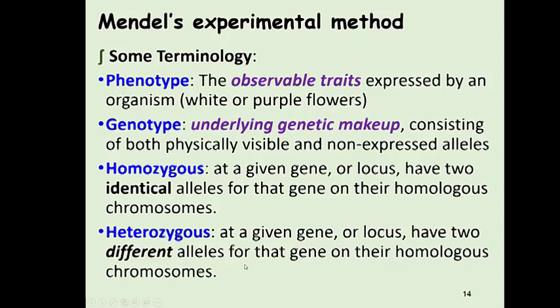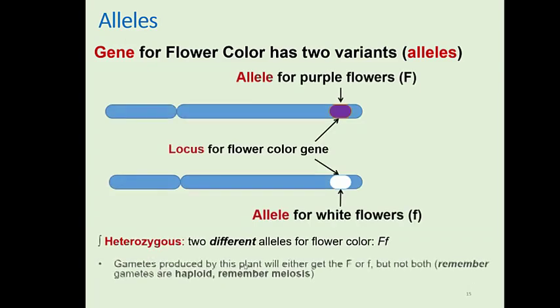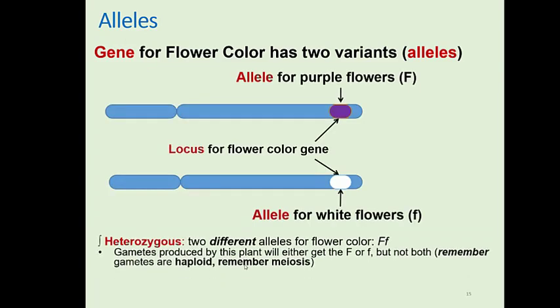eyes and blue eyes. When we start talking about genes for flower color, we see that there are 2 variants for our pea plants. And remember, we're looking at the terminology now, so you do need to make sure you're comfortable with that as you move on. But we see that they are heterozygous, meaning that they have the 2 different alleles for flower color.